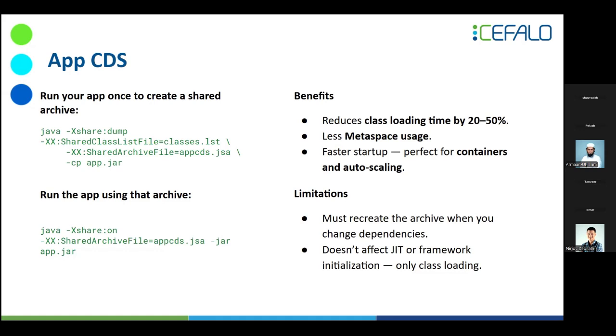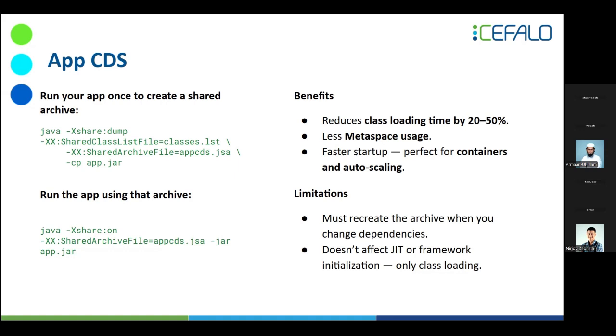This reduces the startup time, because during runtime you're not going to generate all those classes. The ones that were generated during the build time, you will reuse. So this will reduce the class loading time. This information I got from the internet, but it could be more or less depending on your application setup.